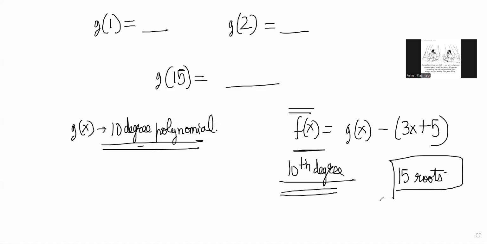There is nothing else here. This is the same idea: if the number of roots is more than the degree, then the polynomial is identically 0. If somebody says I have given you 15 points and the polynomial was only degree 10, then the polynomial is 0.